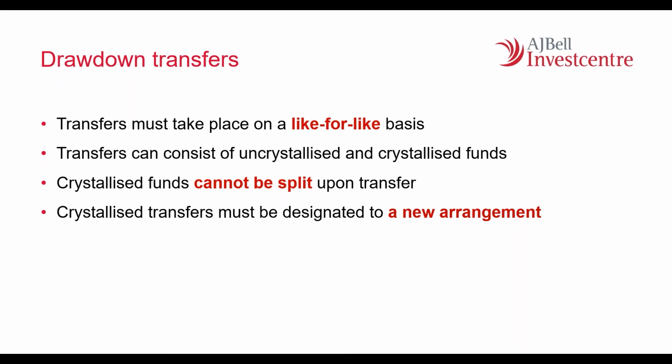They will go to capped drawdown in their new scheme. They can immediately convert that to flexi-access drawdown. They don't have to, but that is quite common. It can be converted on transfer, but technically speaking it does go across as capped to capped. It's just that it's immediately converted, if that's what you want to do. You don't have to.